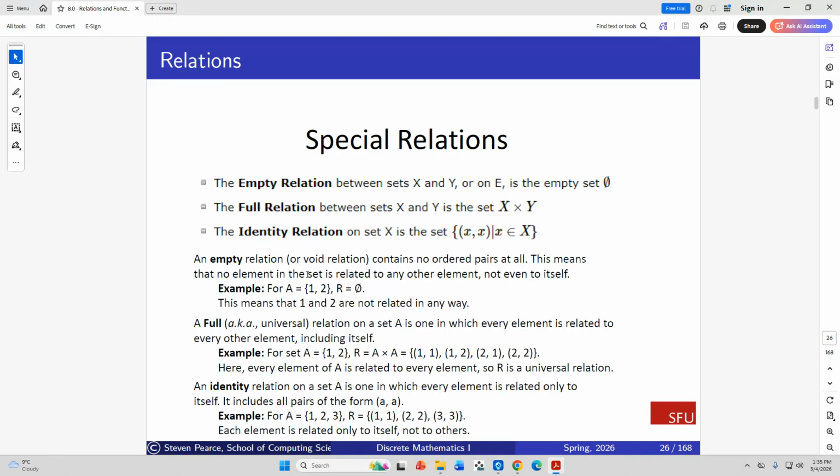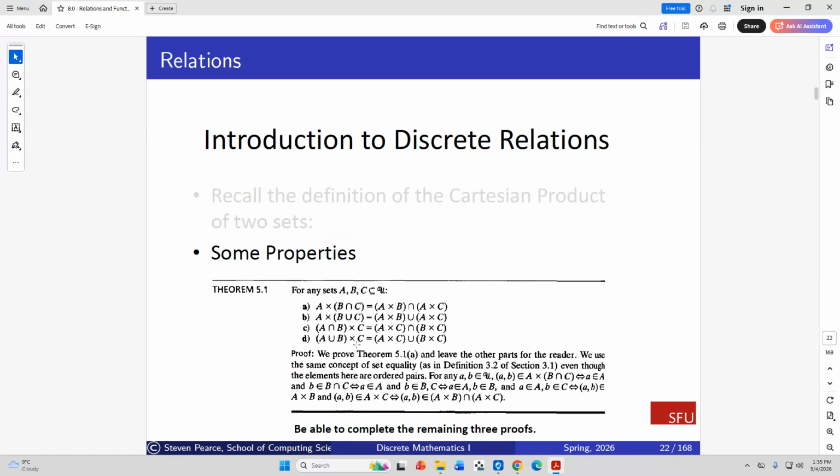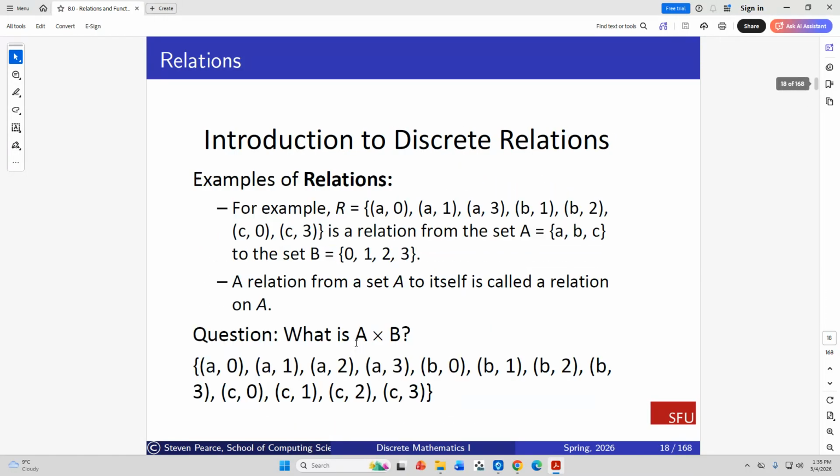This means that no element of the set is related to any other element, not even to itself, okay? Also called the universal relation on a set A is one in which every element is related to every other element, including itself. So, for example, this is a full relation on these two, A and B.